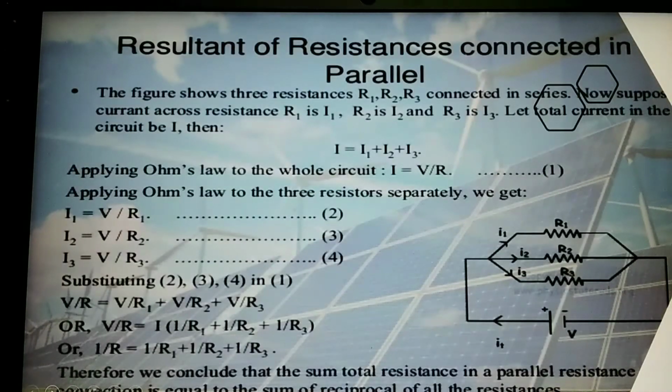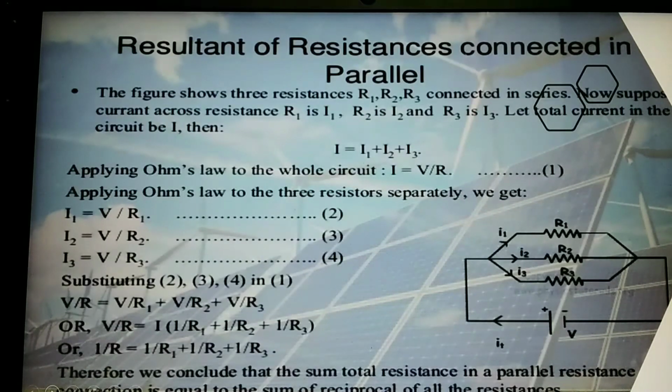Now, the resultant of resistances connected in parallel. As shown in the figure, three resistances R1, R2 and R3 are connected in parallel. Now, suppose current across R1 is I1, R2 is I2 and R3 is I3.